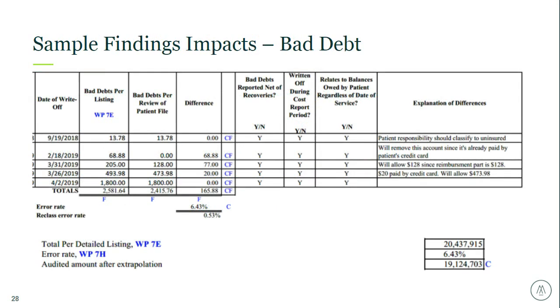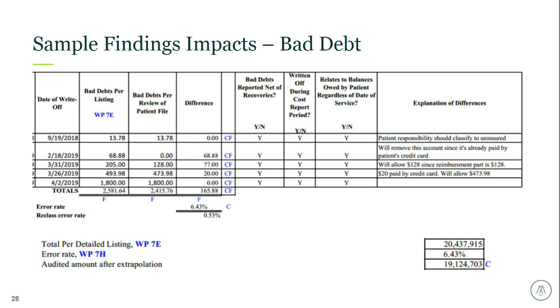So here on this slide, I've shown a small bad debt sample where the auditor found errors mainly related to the recoveries not being included in the detailed listing. As I mentioned previously, it's important to ensure that you're obtaining the patient-level detail of those recoveries rather than just adding a line item total to net down line 26.